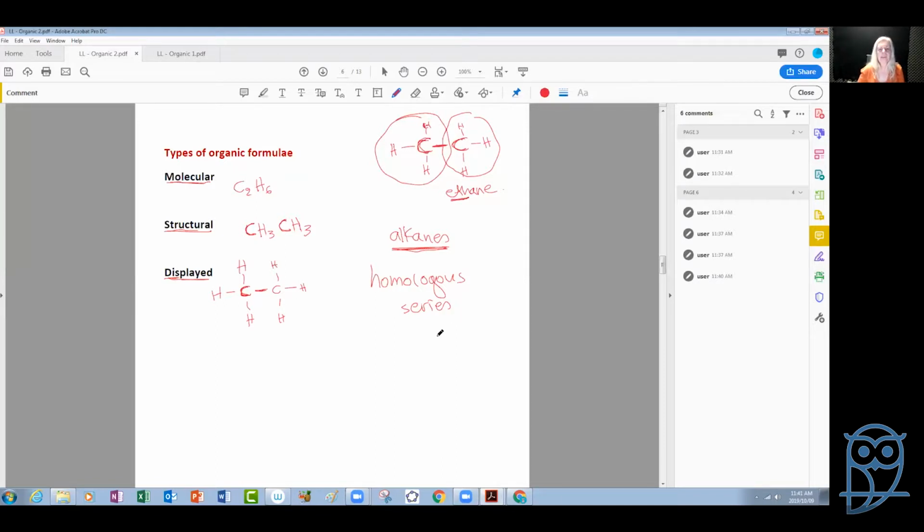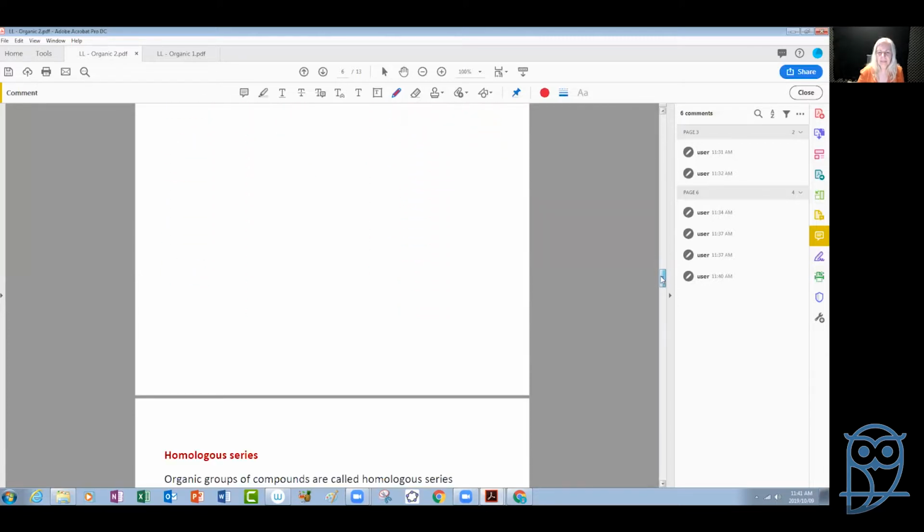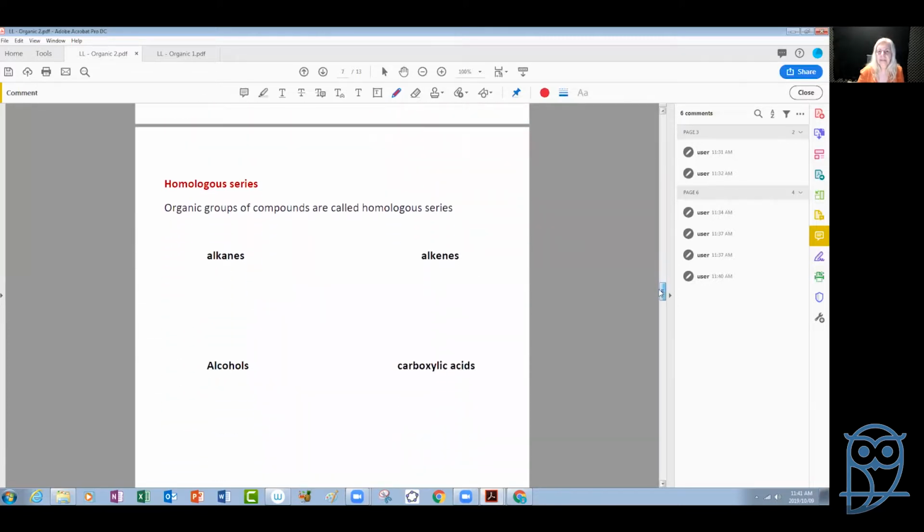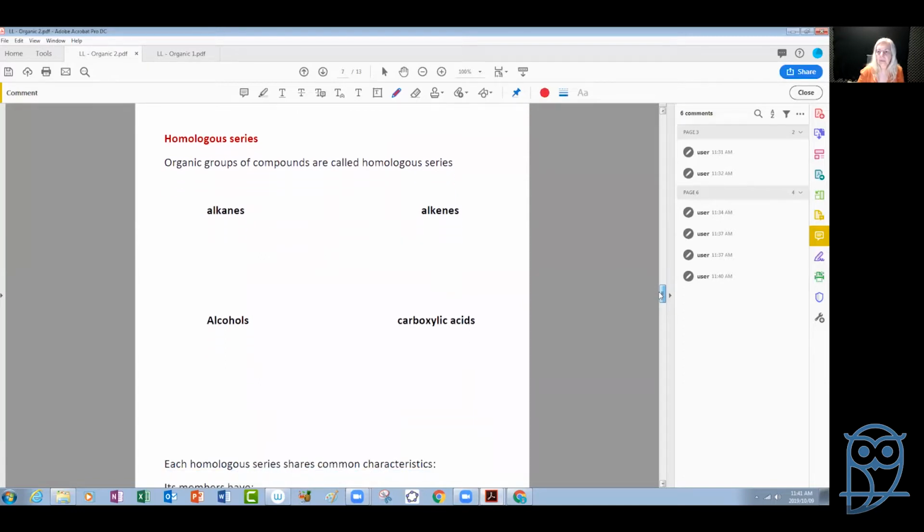So let us discuss another three homologous series, just to know their names and roughly how they look like. In general, homologous series are families of organic compounds with similar properties. I have not brought pictures here, but we can draw them by hand.